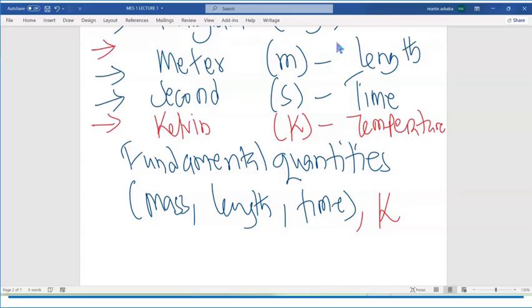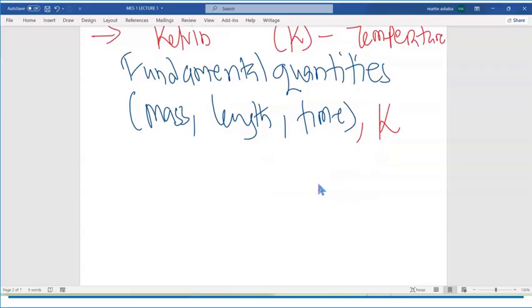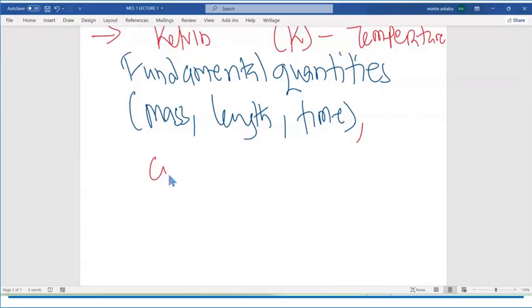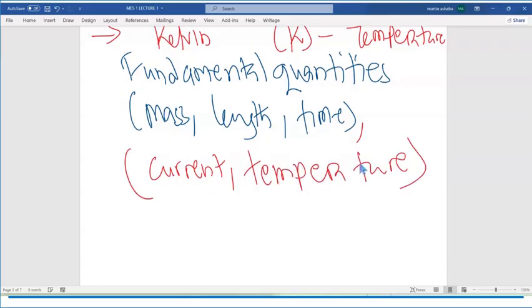So current is measured in amperes. That is A, and this is electric current. And we shall also add it here. So we could add them here as current and temperature.